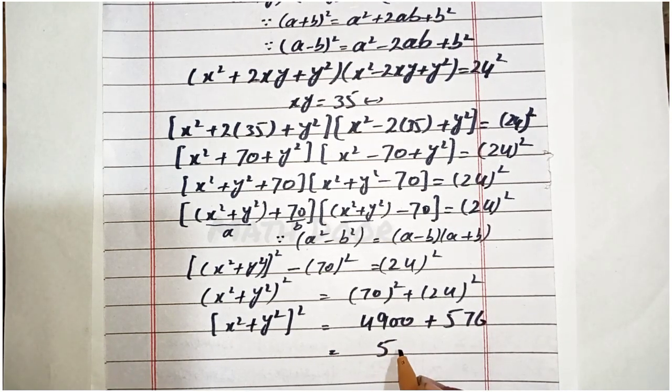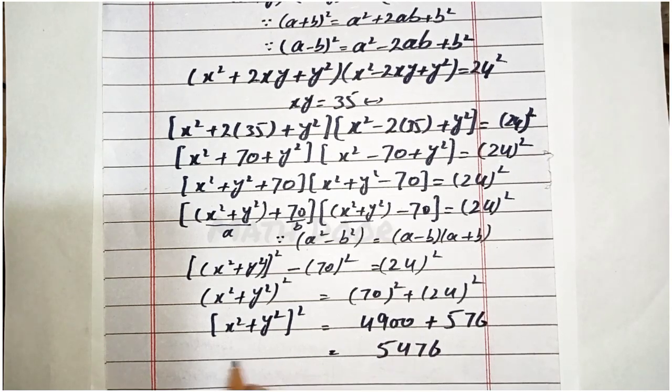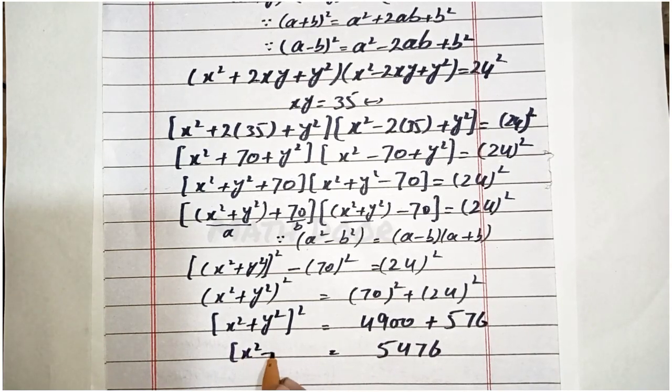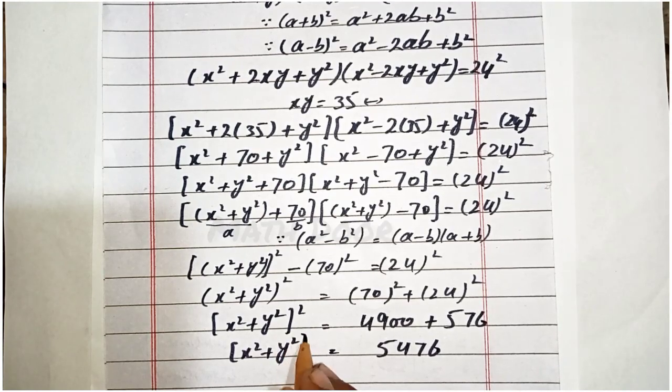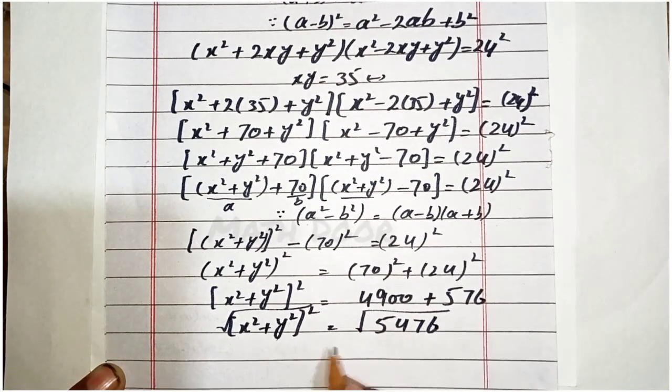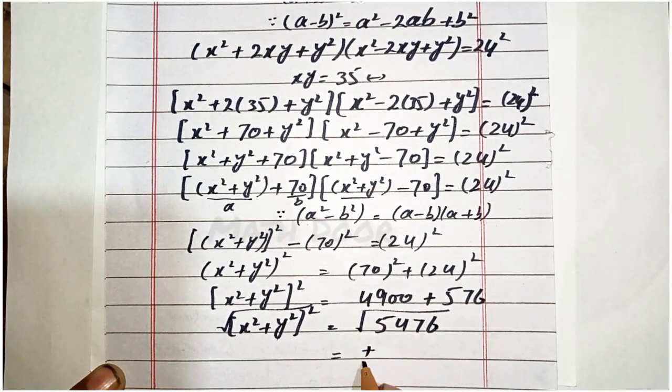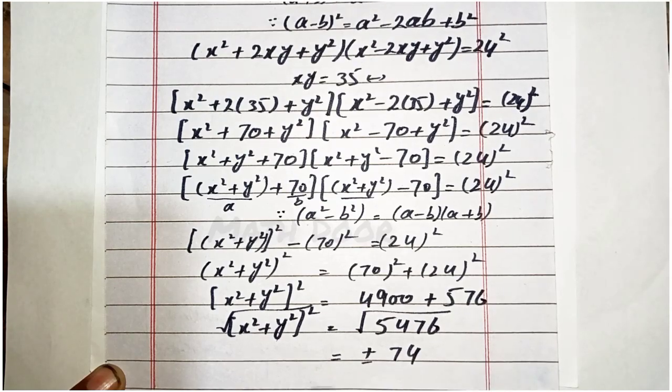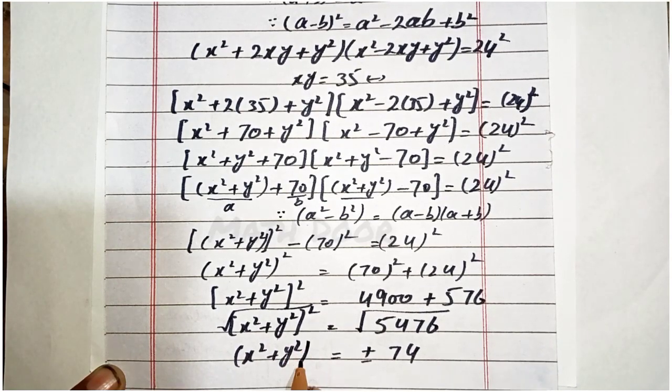Add these two values, we get 5476, and this is also equal to (x square plus y square) whole square. Take a square root on both sides. We get plus minus 74, and this would become x square plus y square.